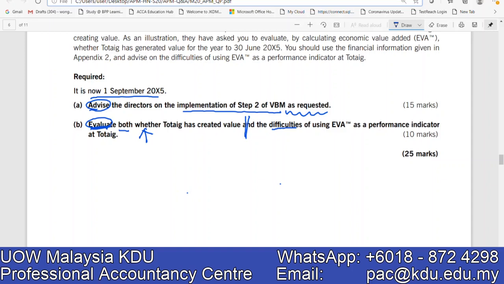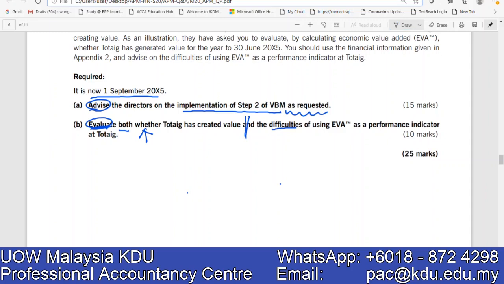Purely circle, underline. 20 seconds is enough. The rest of the time, you still got about 1 minute to go. You identify the divider, pick up the task, count the task. Learn how to count the tasks. Every requirement is likely to have more than one task because the mark is high and heavy.